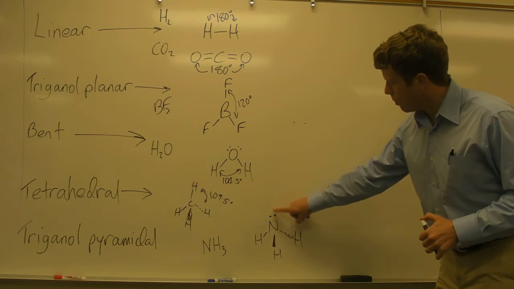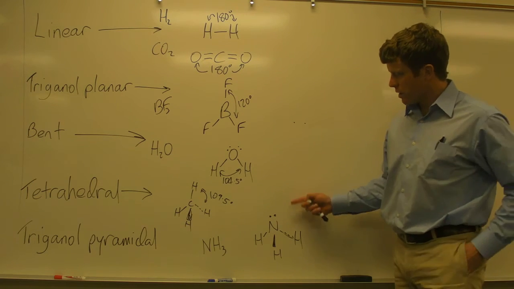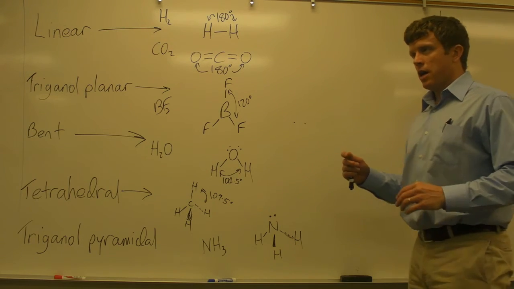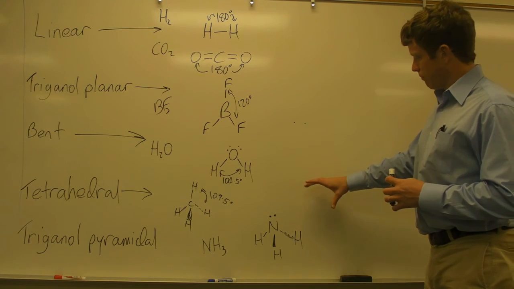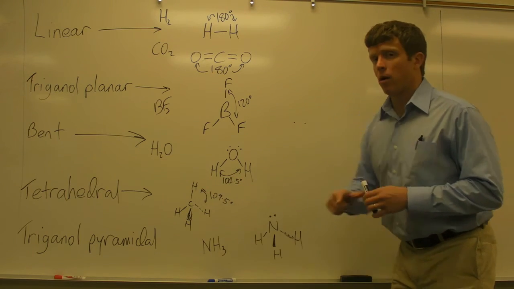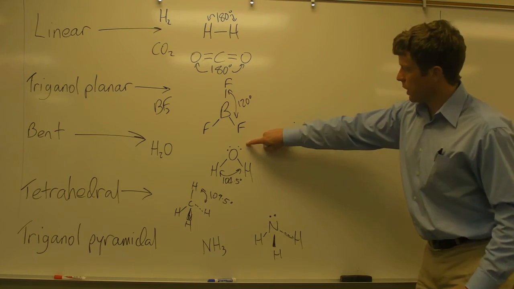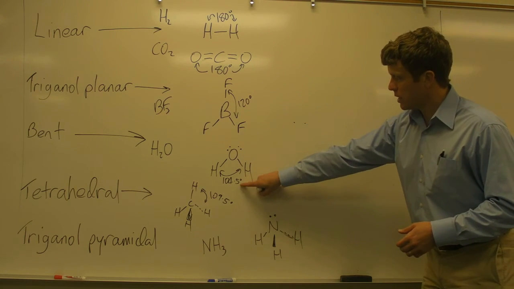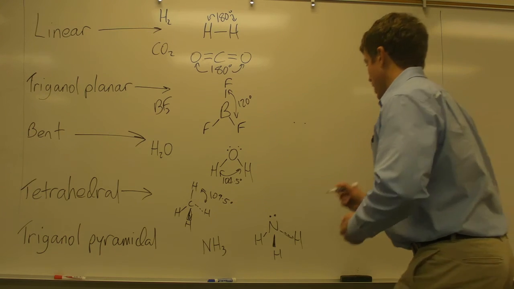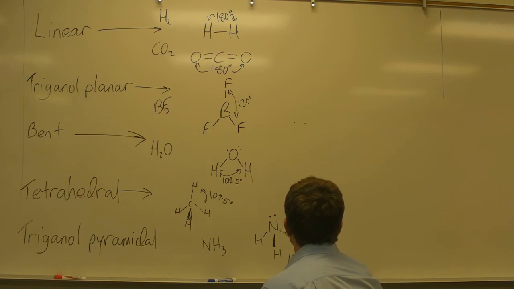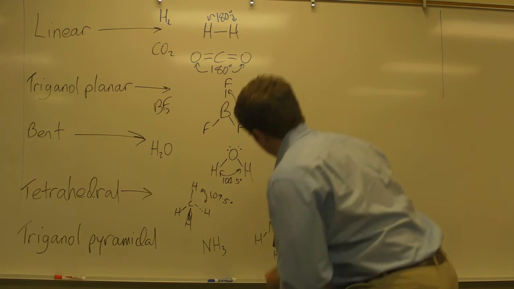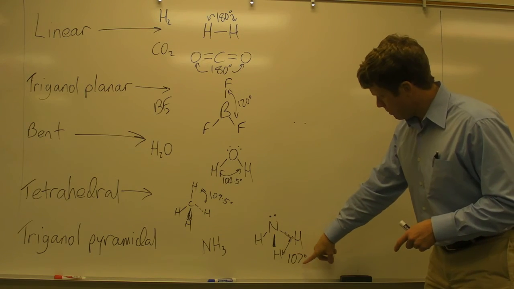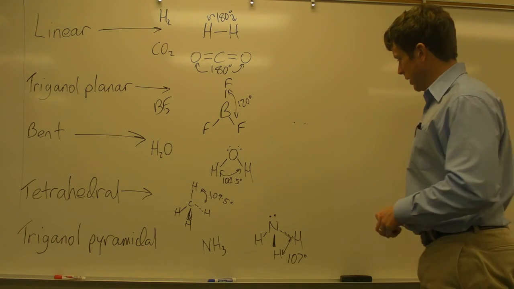It's just missing one bond off the top. But because the bonded pair and lone pair repulsion is a little bit stronger than bonded pair and bonded pair, but less than lone pair and lone pair, for example in water, this would have a bigger bond angle than water, but smaller than tetrahedral. This would be just 107. So between these hydrogens, imagine it like a tripod. These bond angles are 107 degrees.